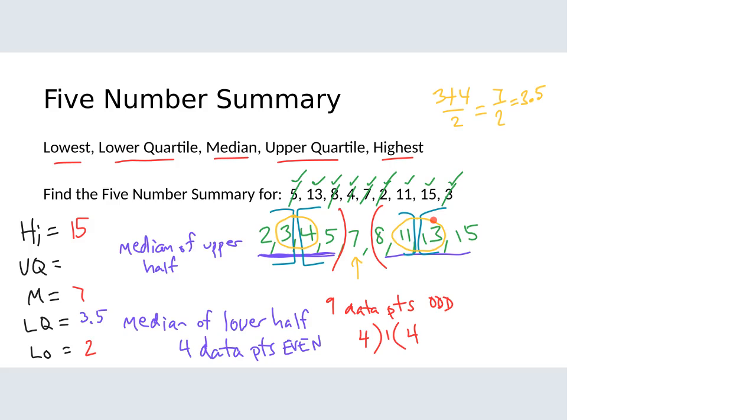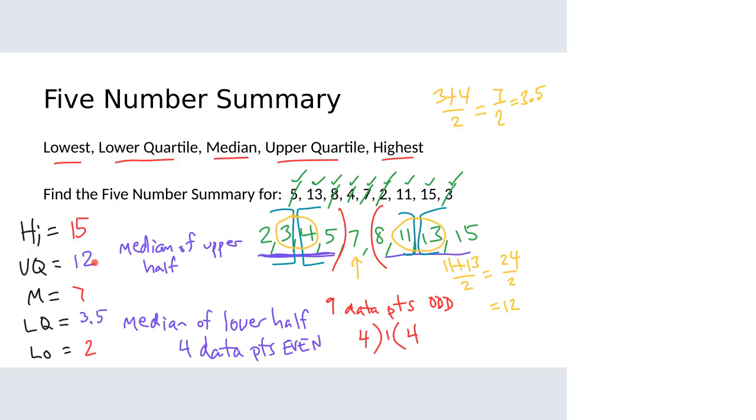We want the mean of those. Many of you are probably very comfortable saying, well, then it's 12, and you'd be right. If you're more comfortable saying, I'd rather write this down and do 11 plus 13 over 2, that's 24 over 2, and that's 12. So that is the median of the upper half, which means it's the upper quartile of our data set.